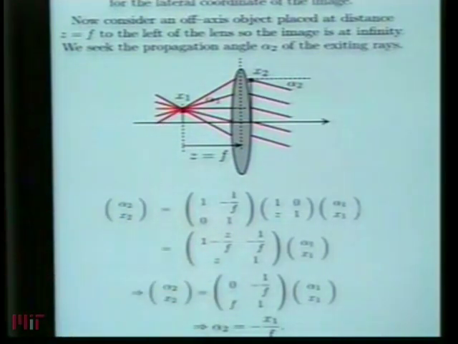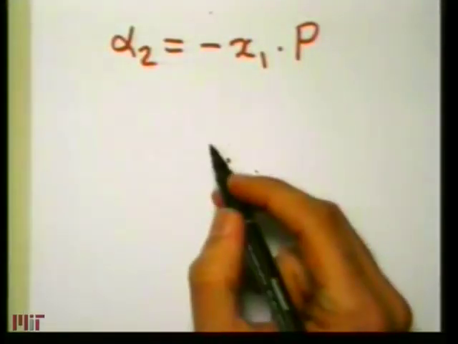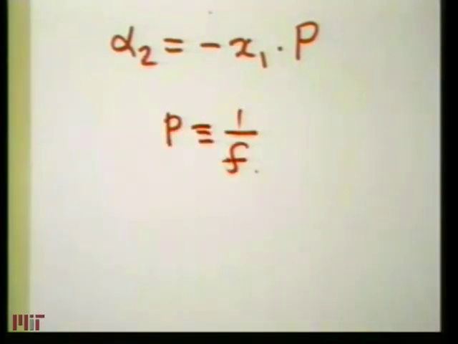Or another way to write this equation is alpha 2 equals minus x1 times the power of the optical element, according to the definition of power that I remind you, by definition, equals 1 over the focal length.